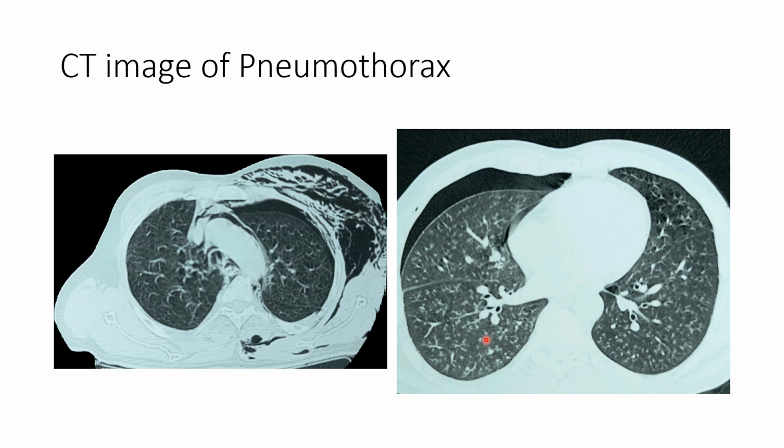This is the CT image of a pneumothorax. I just want you to familiarize yourselves with CT so that you can identify these findings in X-rays as well. So there's a lung here. This is the pleural space. Here you can see that the air is in the pleural space.